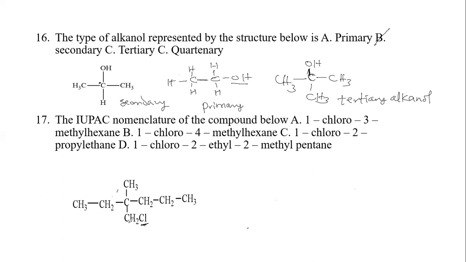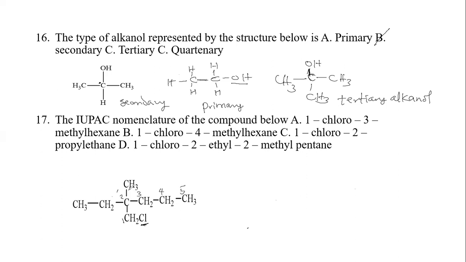Since it's the first carbon, let's just take it. If you count towards this side, 1, 2, 3, 4, 5. So counting towards the right will give us the longest carbon chain.